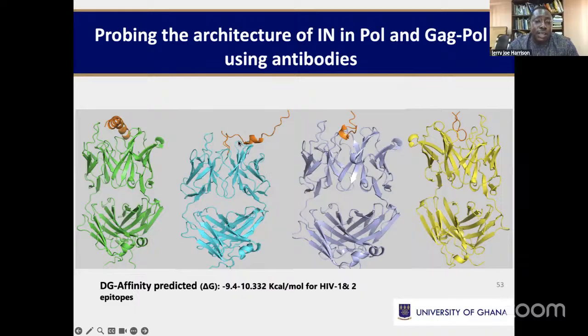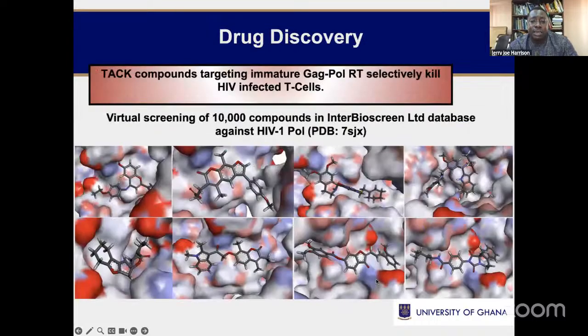And so getting minus 9.4 to 10.33 kilocalories really means that there's likely strong binding. We are currently in the process of expressing these antibodies and validating these bindings so that we can use them for structural studies.